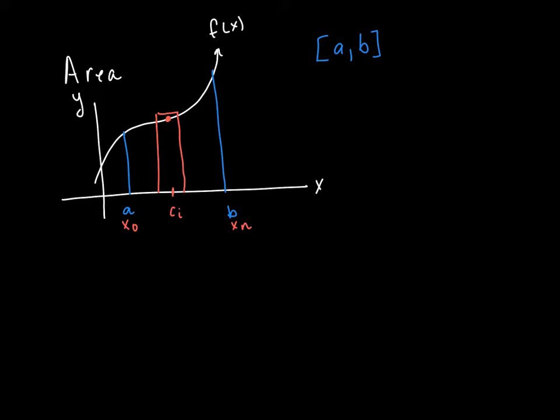So the height of that rectangle is going to be the function, and I plug in c_i. Now, what about the width of that interval? That was delta x, right?